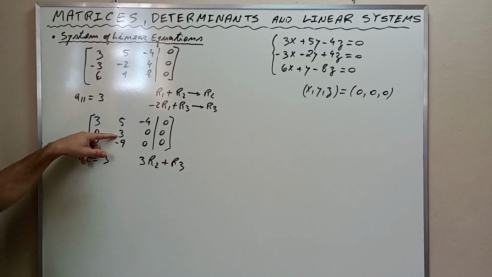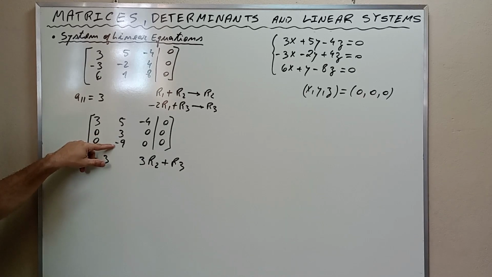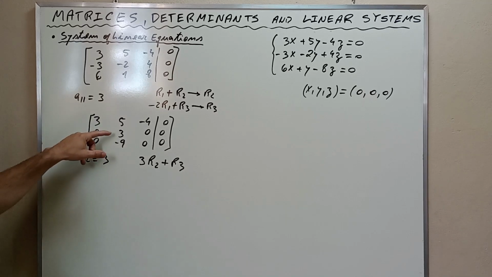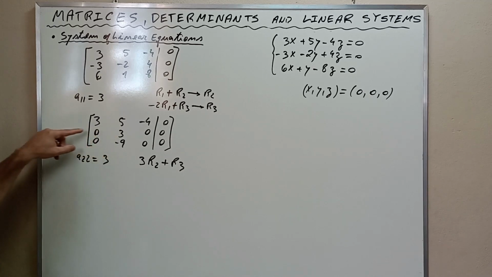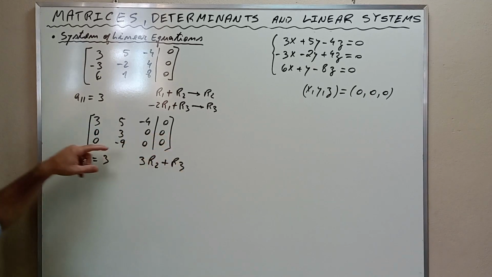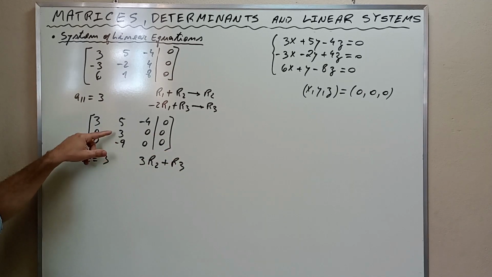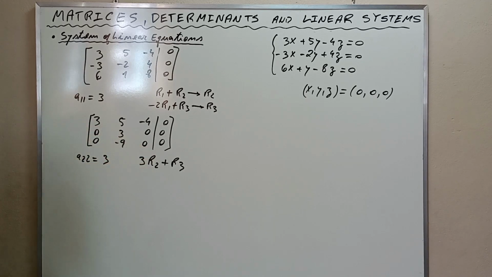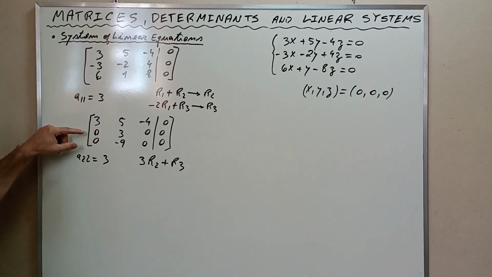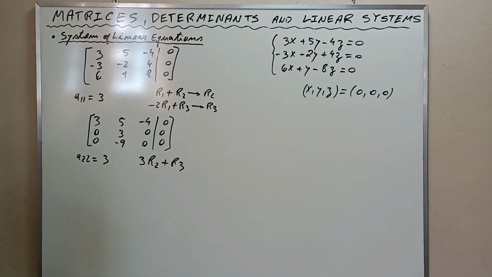Observe that 3 times 3 is 9. 9 plus -9 is 0. And then we successfully put a 0 here. But we cannot simply multiply entry A22 by 3. We have to multiply the entire row by 3. Okay? If we only multiply one entry and forget the others, we change the matrix. To not change the matrix, to let the matrix preserve its characteristics, we have to multiply the entire row.